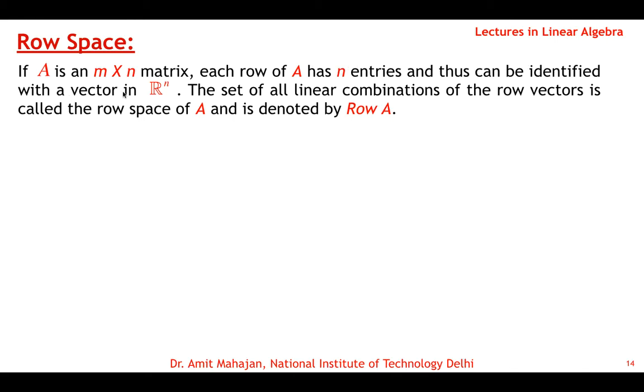Because there are n elements, these vectors are in Rn. The set of all linear combinations of row vectors is called the row space of A and is denoted by Row A. Just like column space A is the set of all linear combinations of columns of A, row space A is the set of all linear combinations of rows of A.